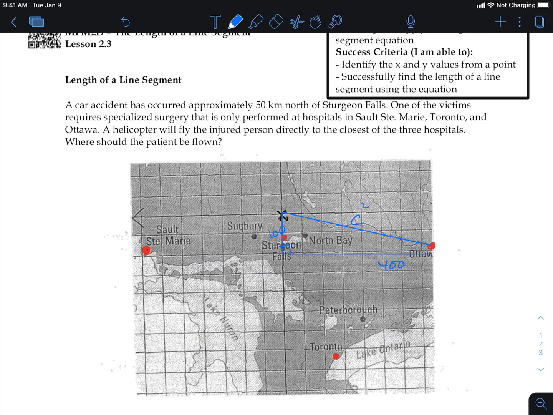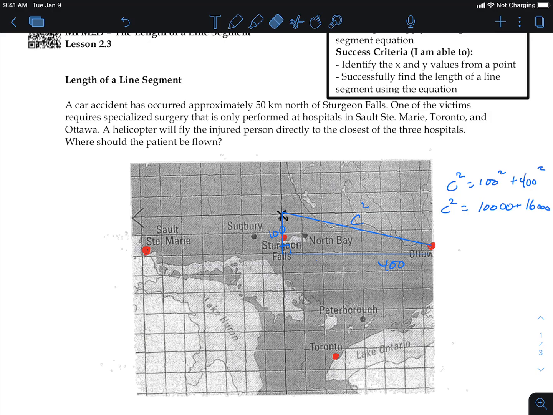C squared has to equal 100 squared plus 400 squared. 100 squared is 10,000, plus 400 squared, 4 times 4 is 16, so 160,000. Sorry, 4 zeros.